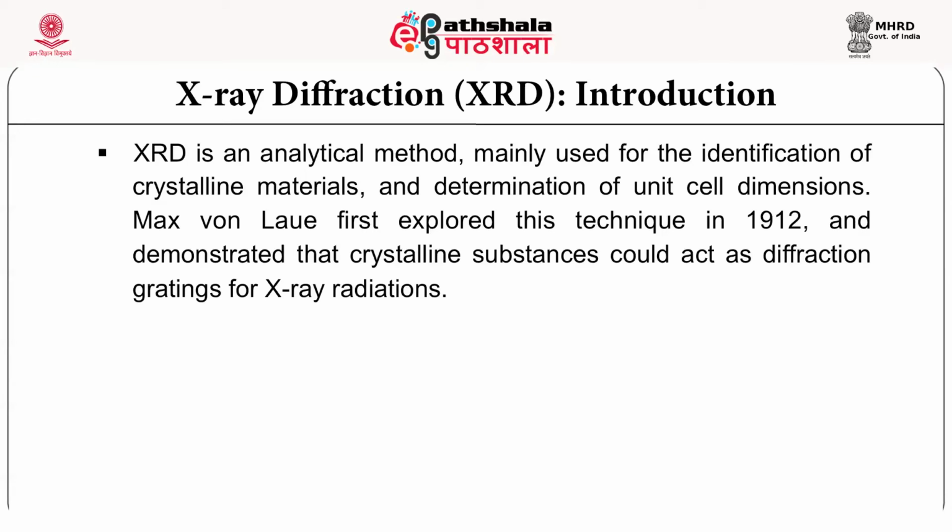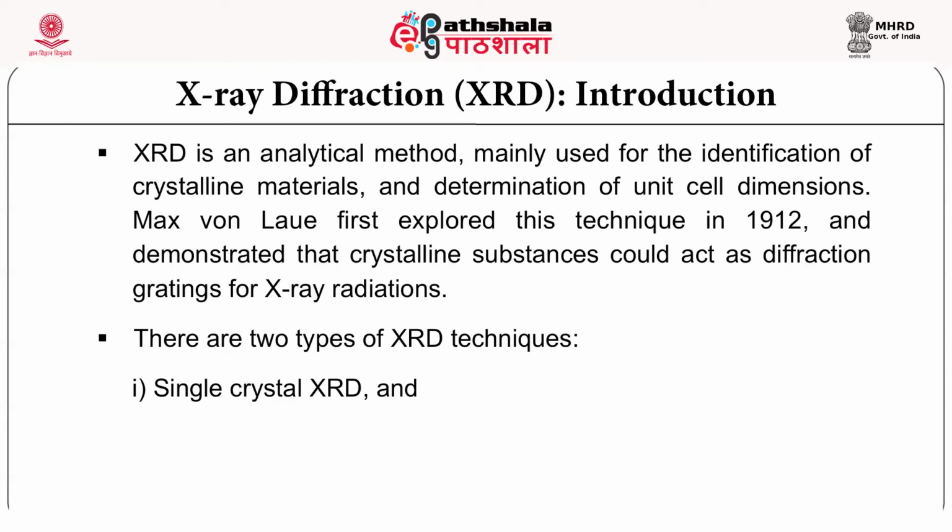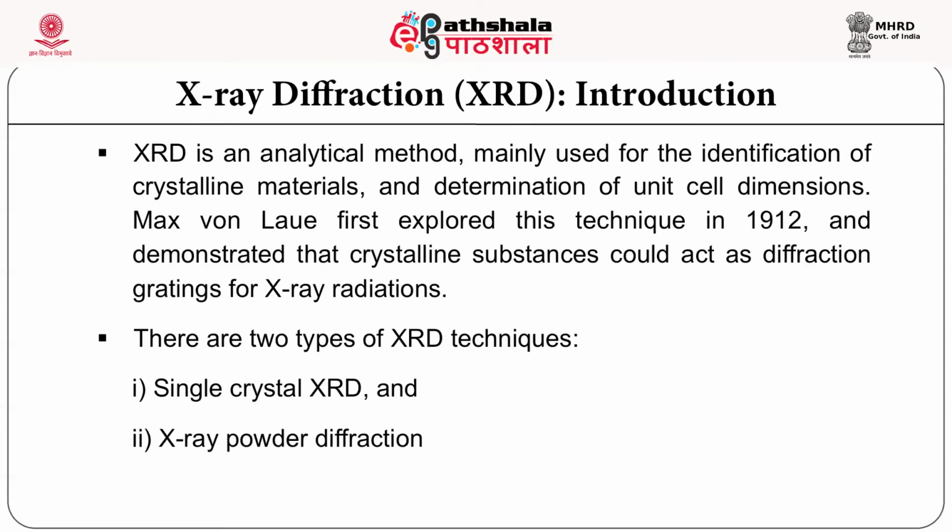Max von Laue first explored this technique way back in 1912 and demonstrated that crystalline substances could act as diffraction gratings for X-ray radiation. There are two types of XRD techniques: single crystal XRD and X-ray powder diffraction.